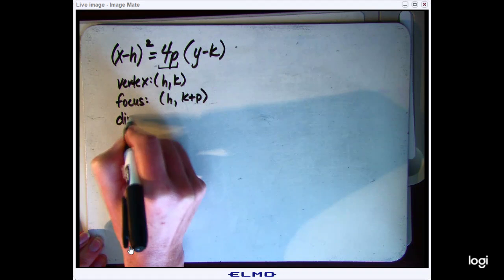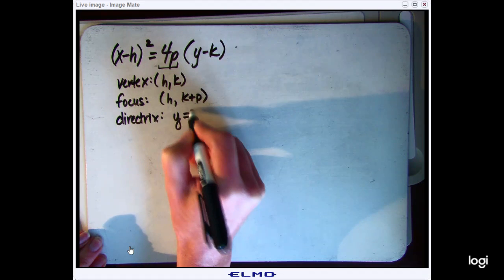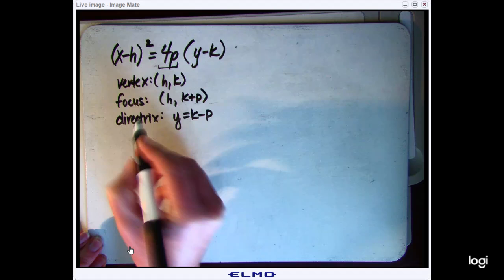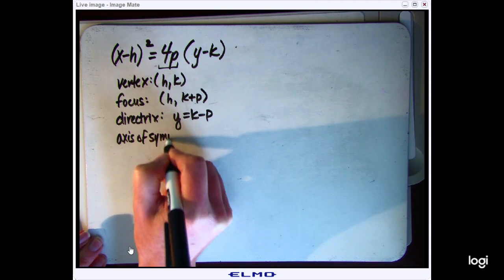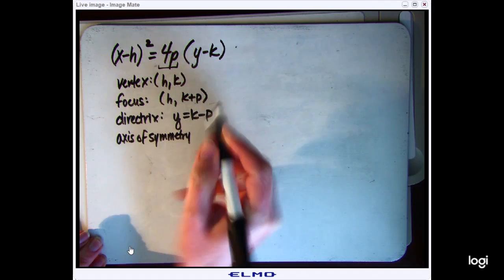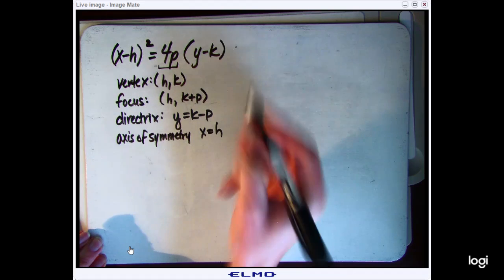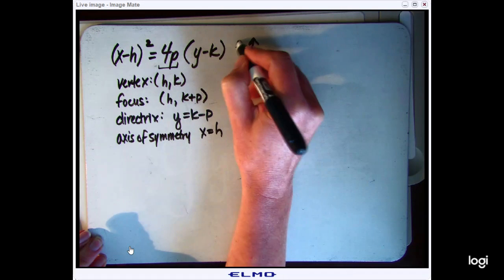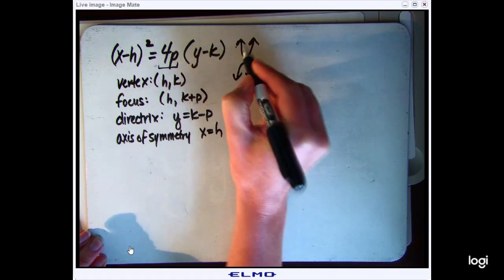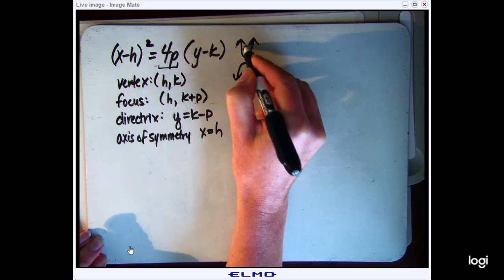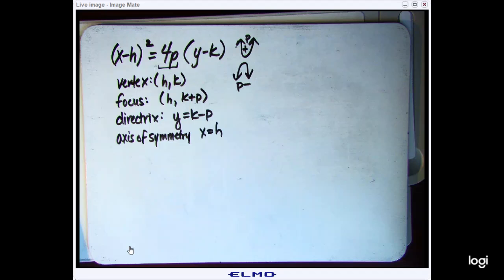Your directrix is at y equals k minus p, and your axis of symmetry is x equals h. And this is for a parabola that opens up or down. Up if your p is positive, down if your p is negative, right?